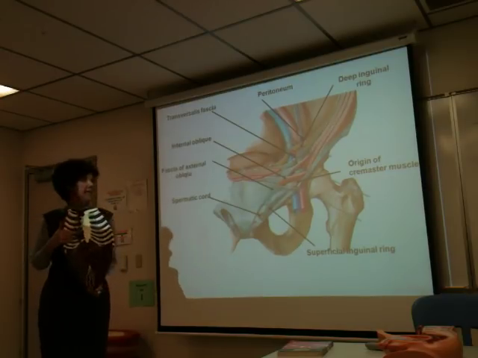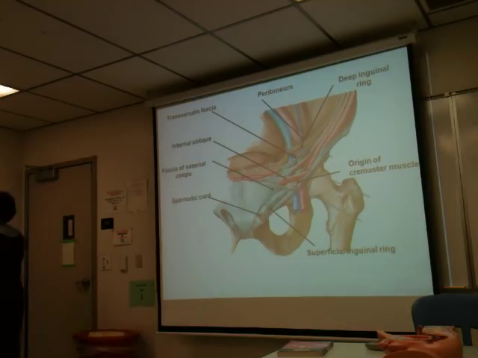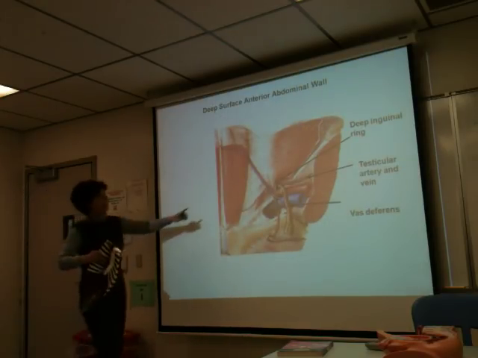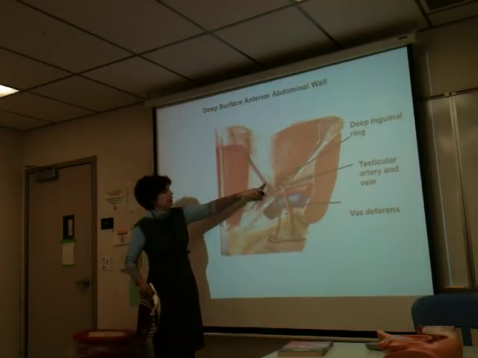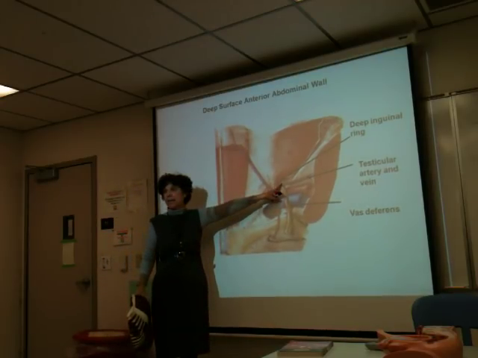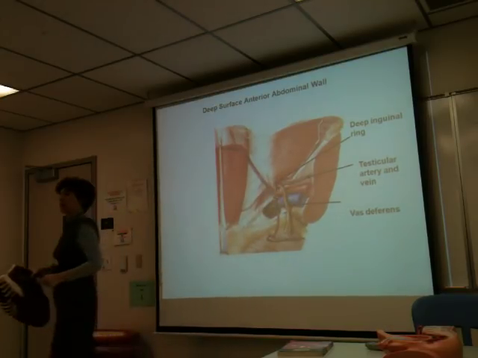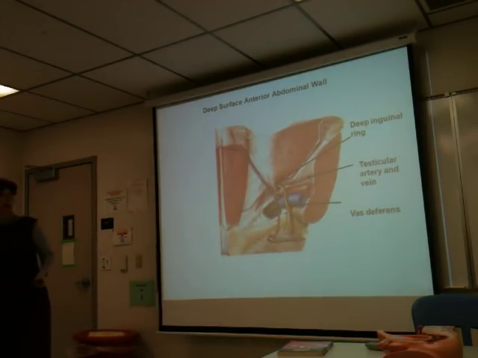But if we look at the deep surface of the anterior abdominal wall, here is that vessel, and I'll write it on the board. And you can see that the deep inguinal ring is lateral to the inferior epigastric vessels. All right.